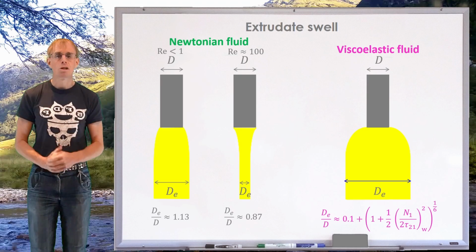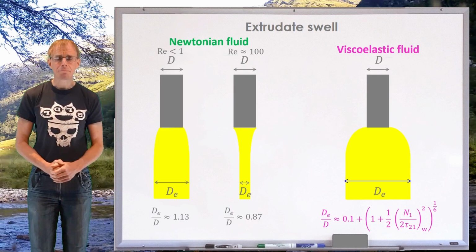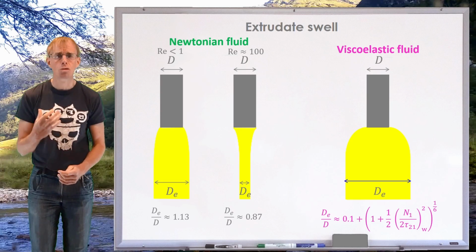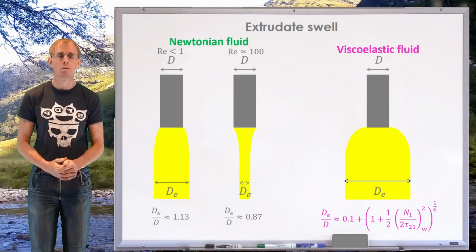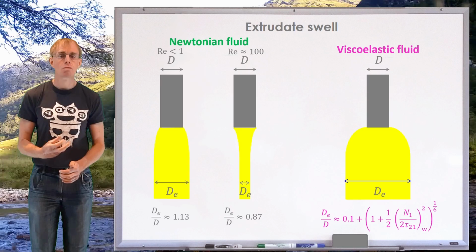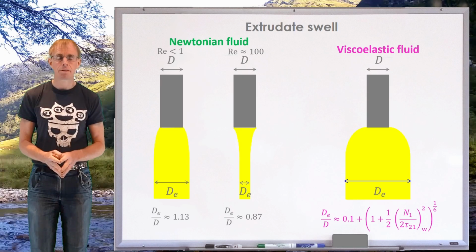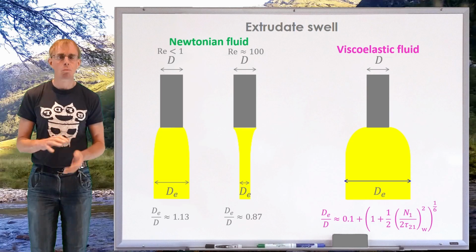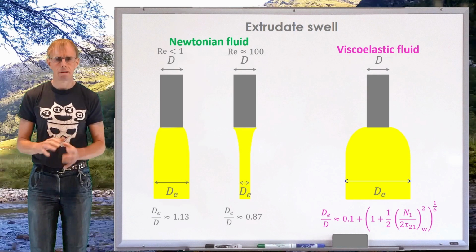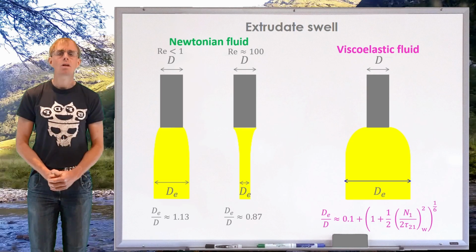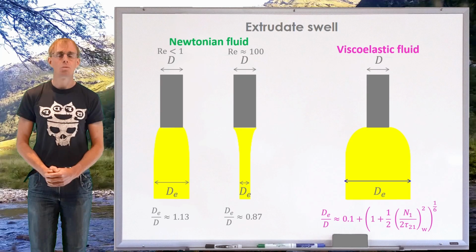And if you look at that expression closely, it's an expression due to Tanner, you'll find that you need to know information about the normal stress, the first normal stress difference, N1, and also the shear rate of the material, both of which are evaluated at the wall of the die. And that rule of thumb is a quick way to give an estimate, and I emphasize estimate, of what the extrudate swell is going to be.